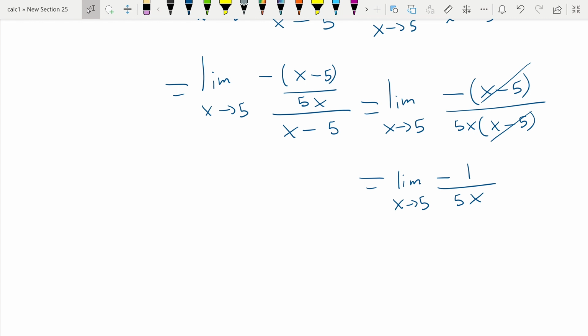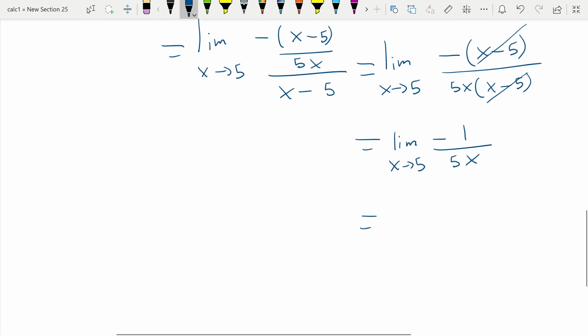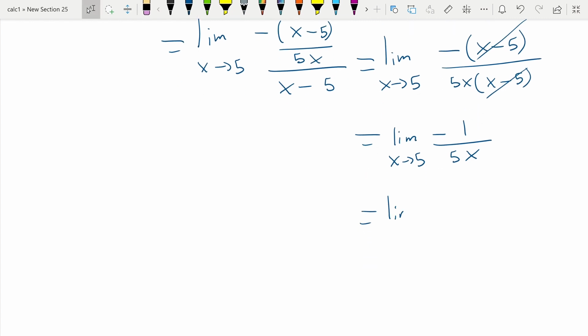Now this expression is well defined and continuous at the point 5, so we simply evaluate at the point. We can plug in 5, so minus 1 over 5 times 5, so 5 squared, so it's minus 1 over 25.